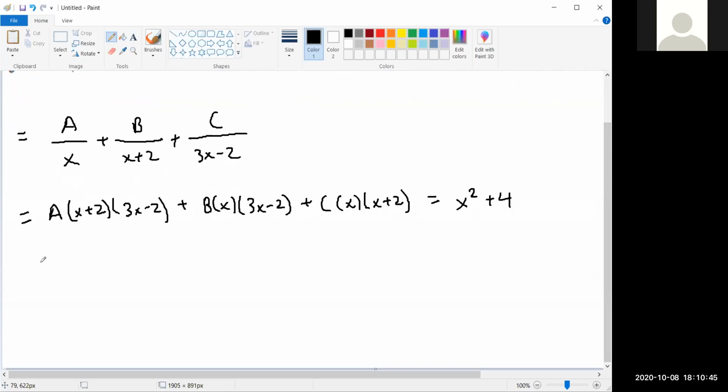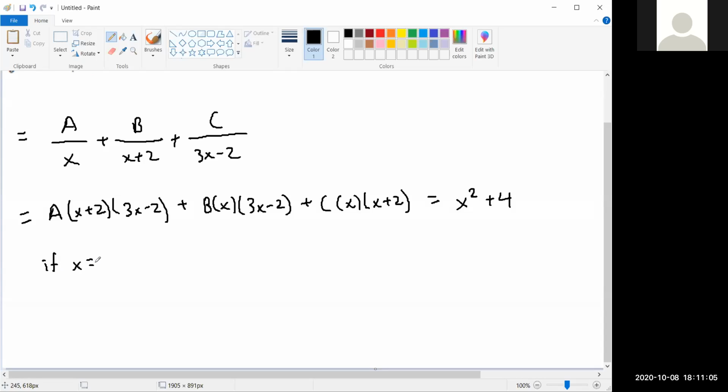I think the best way to solve this would be to use the roots again. Pick very strategic values of x to cancel out some of the factors. So what can we choose for x?